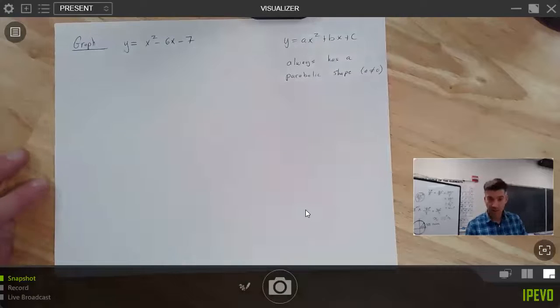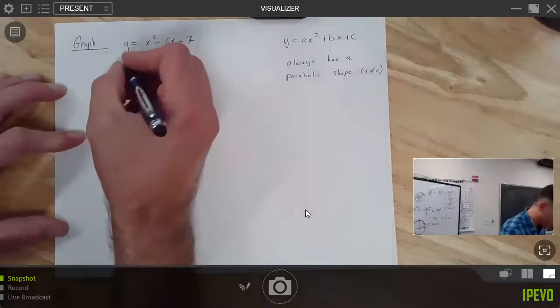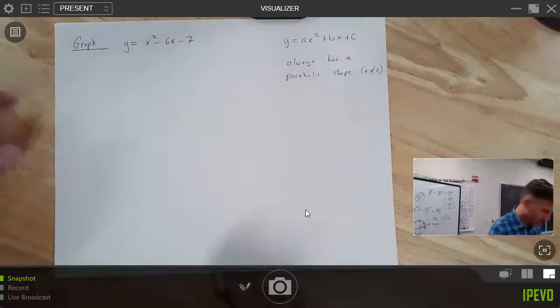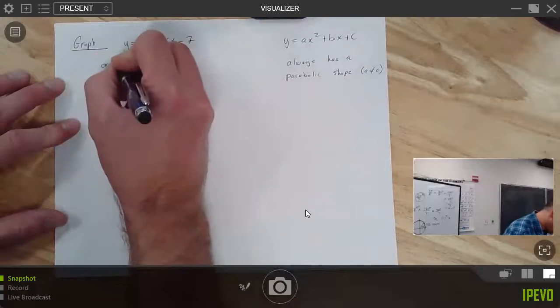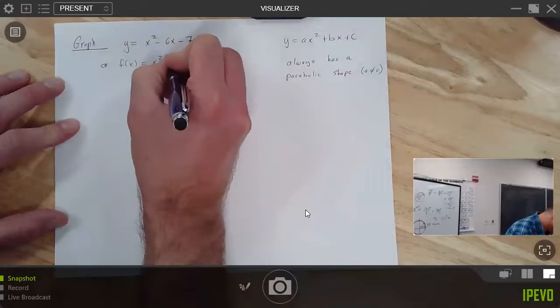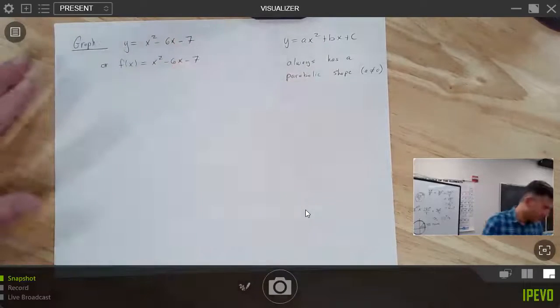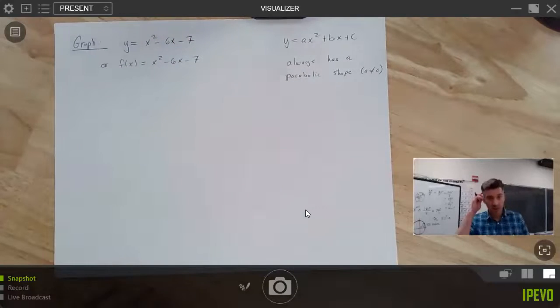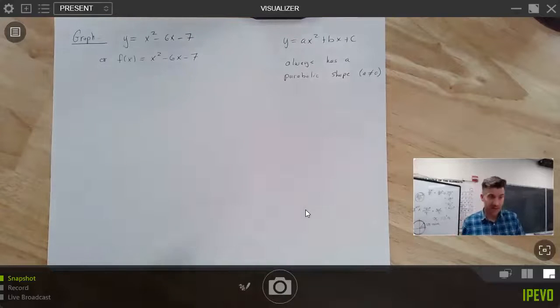Also, sometimes it's more convenient to think of this as a function. So we could also think of it as f of x equal to x squared minus 6x minus 7. To graph this, we're going to find the 3 things I just talked about.